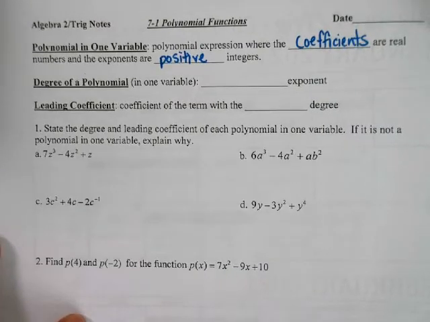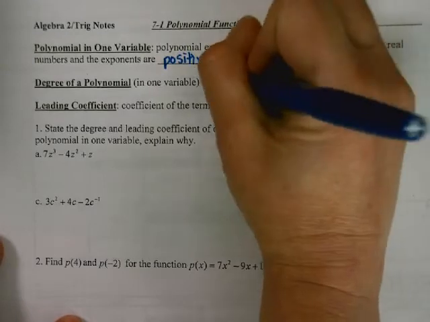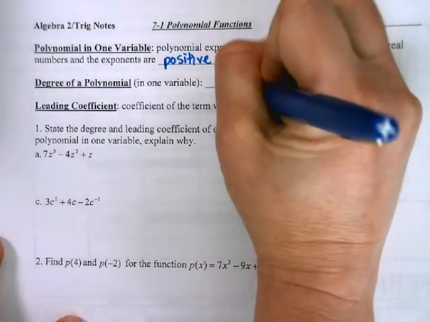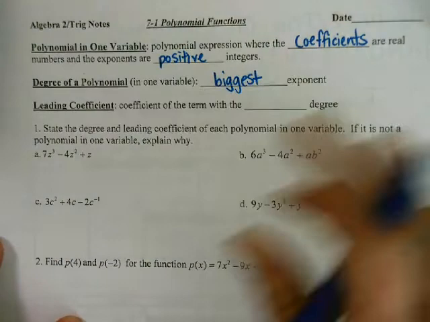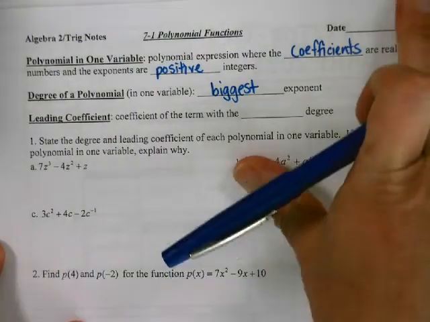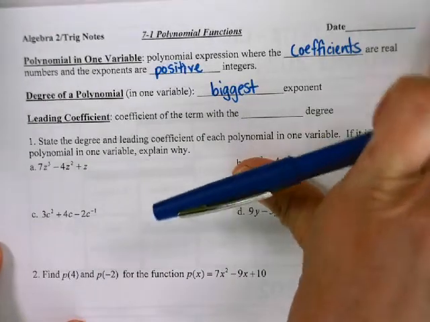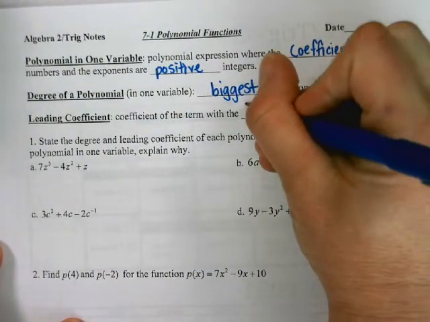The degree of the polynomial, if it only has one variable, is the biggest exponent. And the leading coefficient is the coefficient of the term with the highest degree.